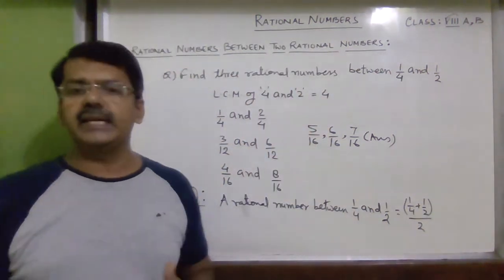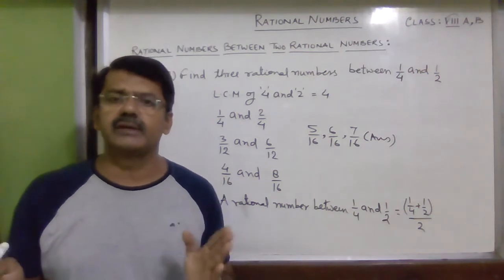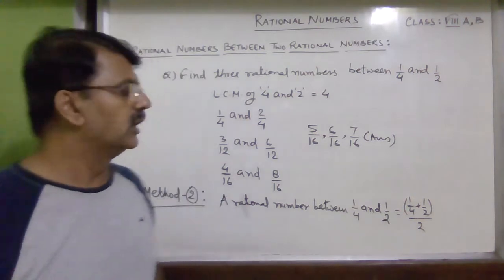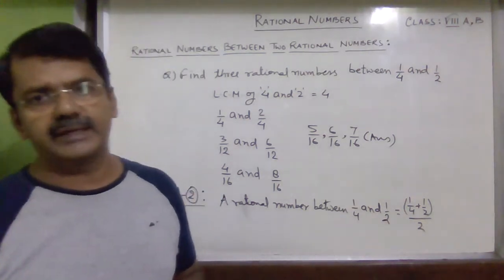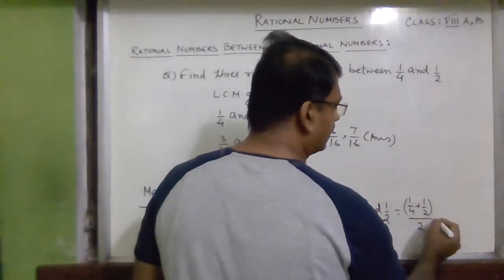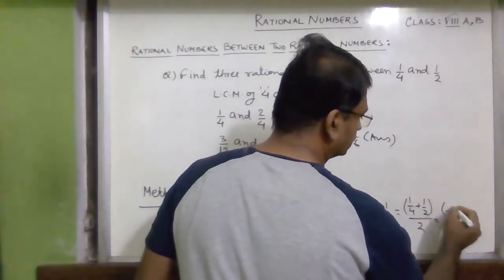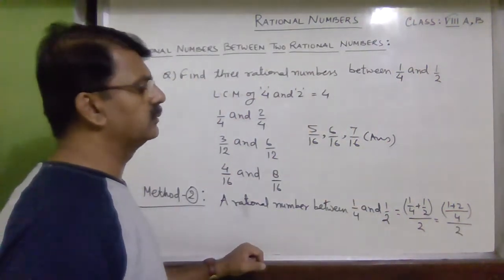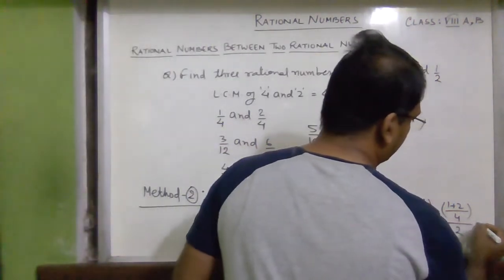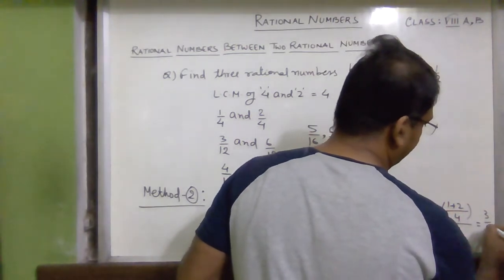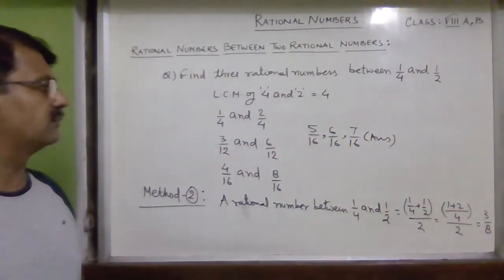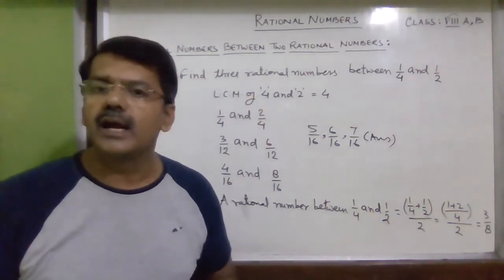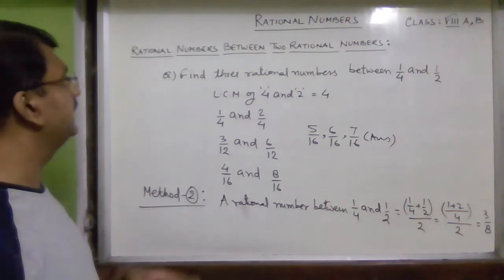To find one rational number between two given rational numbers, simply add those two rational numbers and divide it by 2. So 1 by 4 plus 1 by 2 divided by 2. Now here 1 by 4 plus 1 by 2, you can take 4 LCM. So it is 3 by 4 in the numerator upon 2, so 3 by 8. So one number is 3 by 8. You can see 3 by 8 is a number which is between 1 by 4 and 1 by 2. Now, but we need 3.